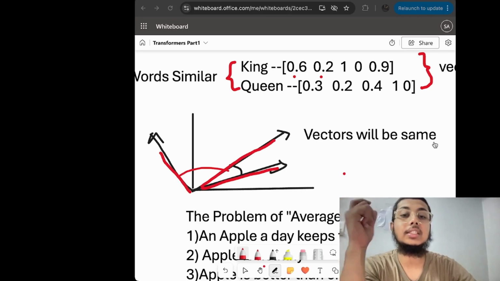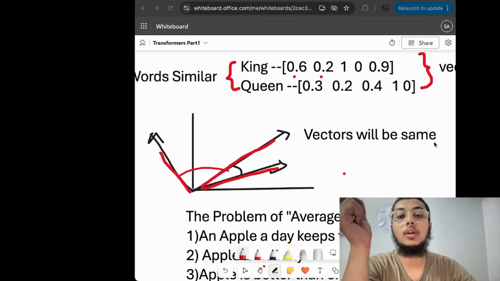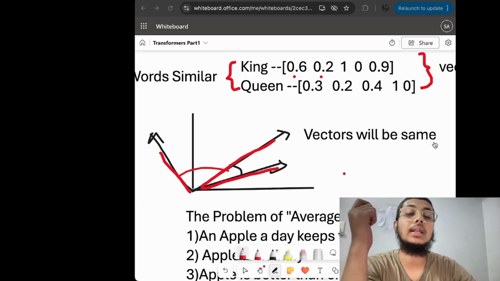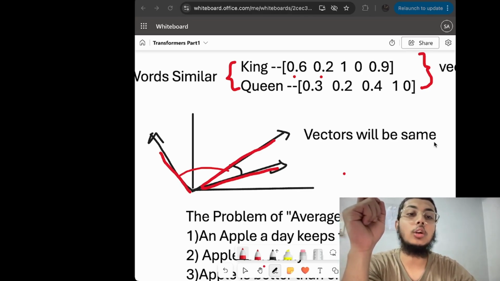So basically these dimensions have a meaning. We cannot actually understand it because the neural network does not tell us what that dimension is. But every dimension has a meaning, and the similarity of every dimension is seen. So on the whole, two very similar words will have very similar looking vectors, and different words will have different looking vectors. This is the main idea.